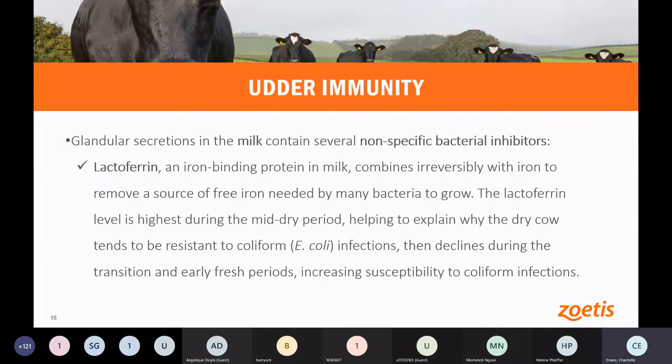Okay, the levels of this lactoferrin are the highest in the mid-dry period, and that is also when the animal is the least susceptible to infections, that mid-dry period.